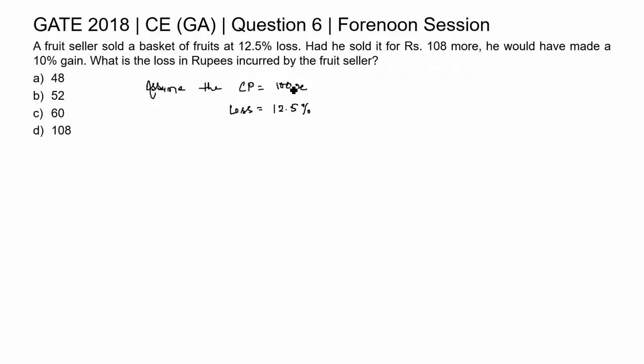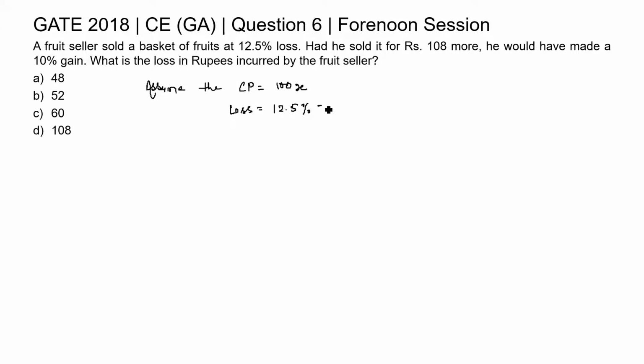So always remember, profit and loss is always counted on cost price unless and until it is specified that it is counted on selling price. So whenever in the question it is given that there is some loss or profit, always understand that all this loss and profit percent is counted on cost price.